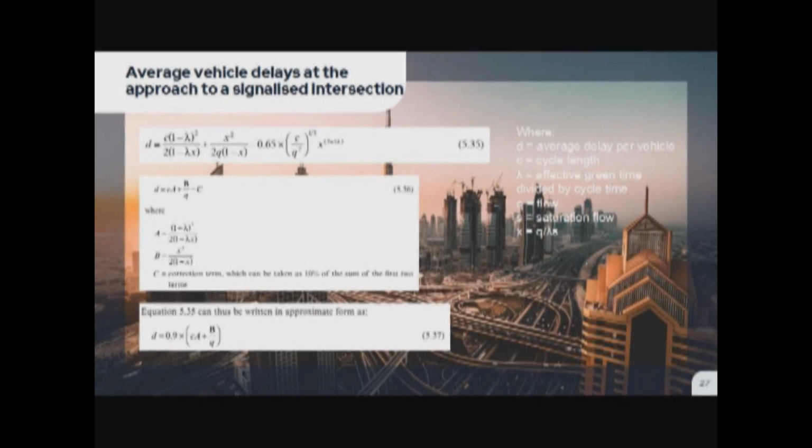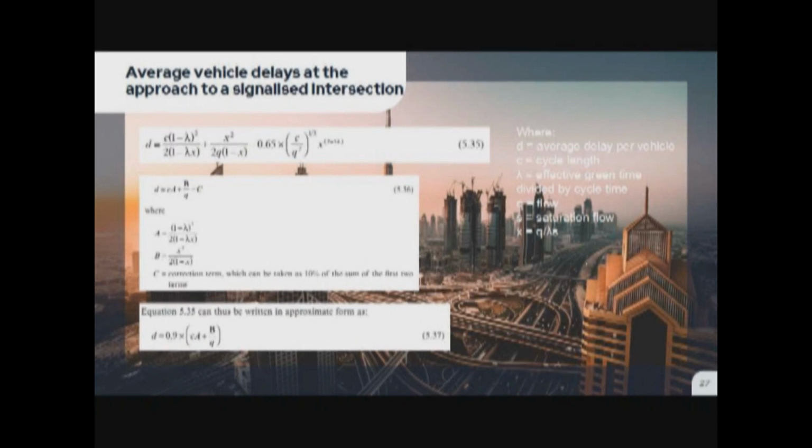D, the average delay per vehicle, is equal to C times (1 minus lambda) to the power of 2, divided by 2 times (1 minus lambda x), plus x squared over 2q times (1 minus x), minus 0.65 times (c over q squared) to the power of 1/3 times x to the power of (2 plus 5 lambda). This is equation 5.35.